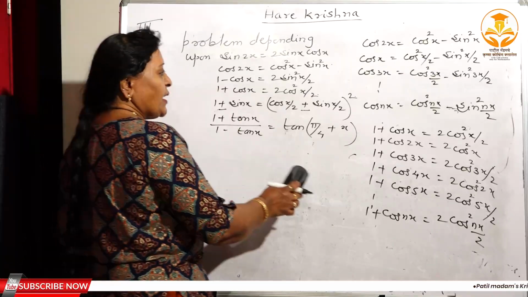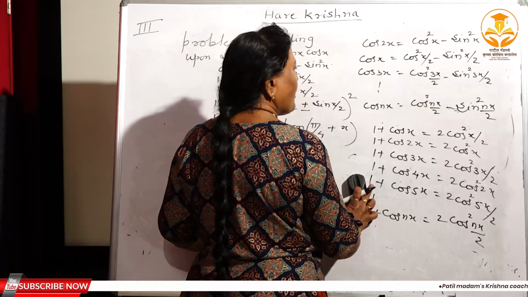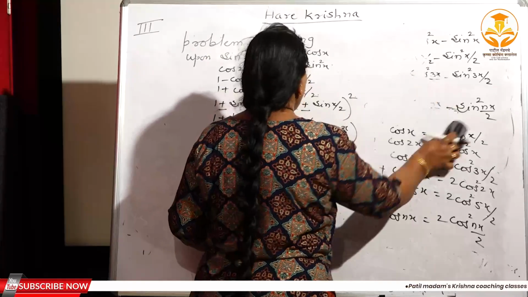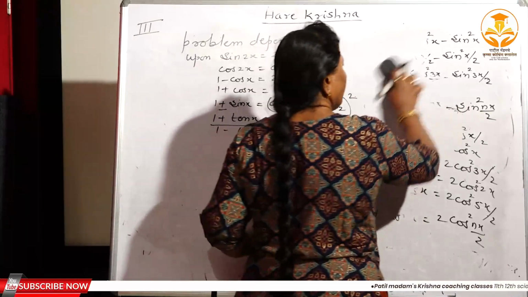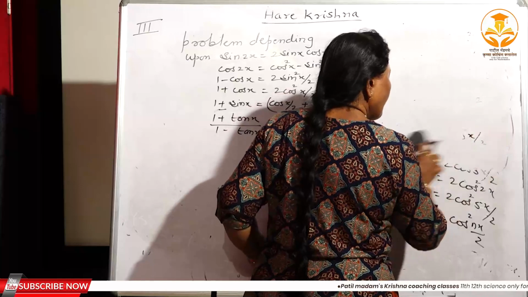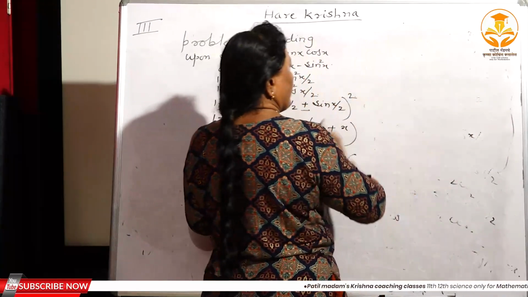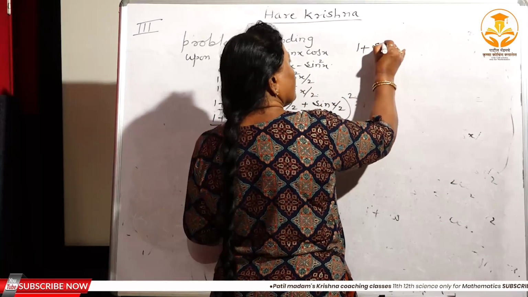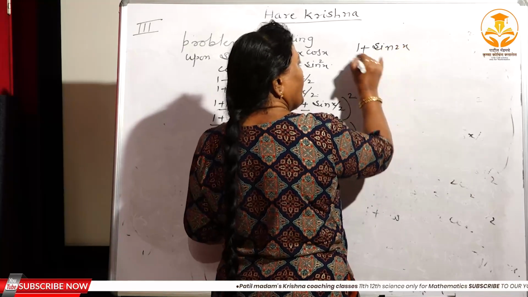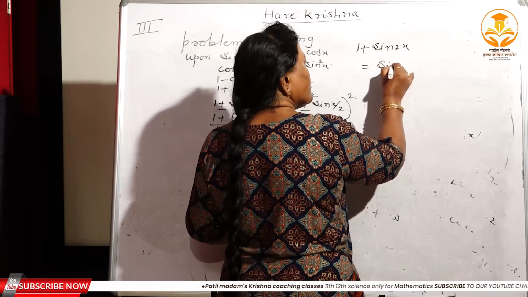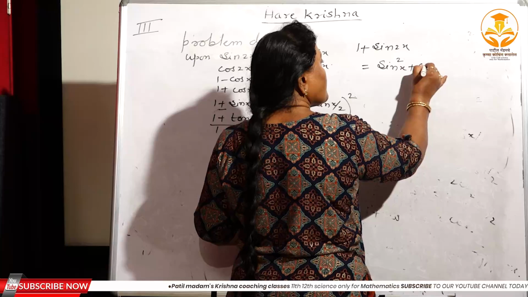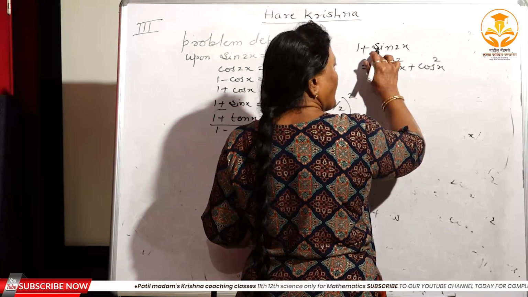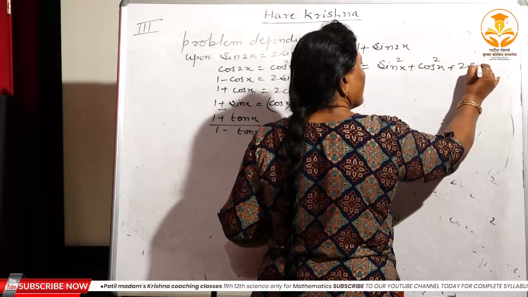Again in the same way, this formula also you can bifurcate. See how you make the bifurcation. When you write 1 plus sin 2x, what is the meaning of this? 1 you can write as sin square x plus cos square x. And the formula of sin 2x is 2 sin x cos x.